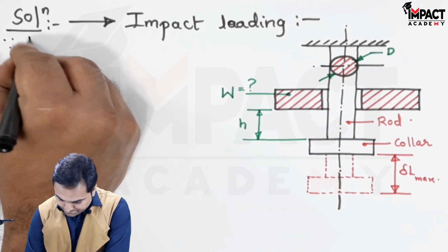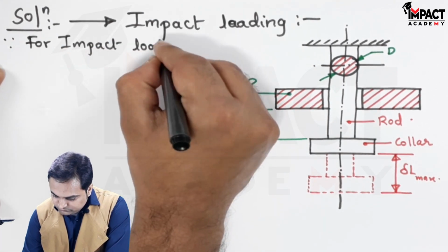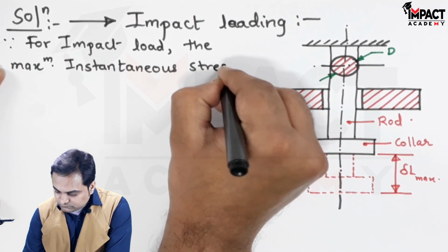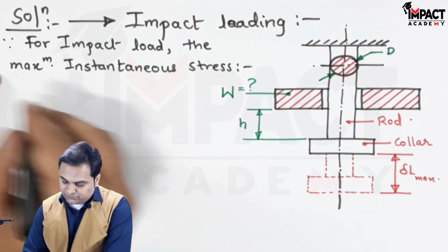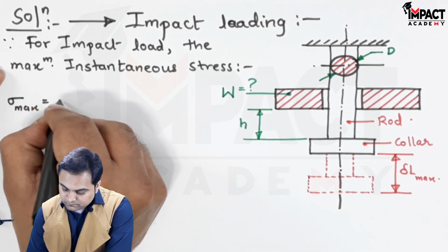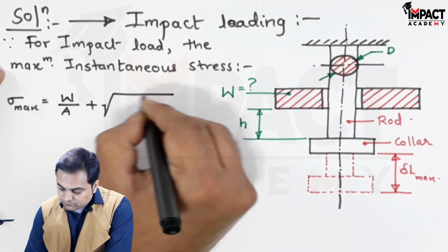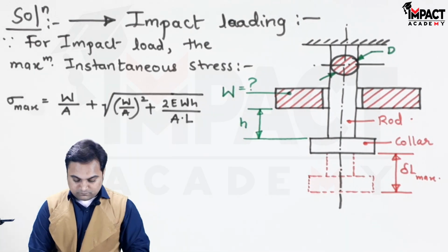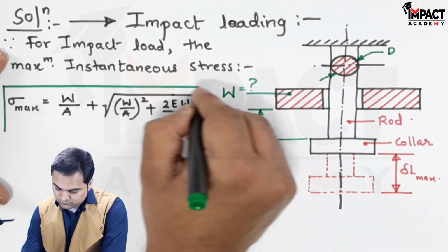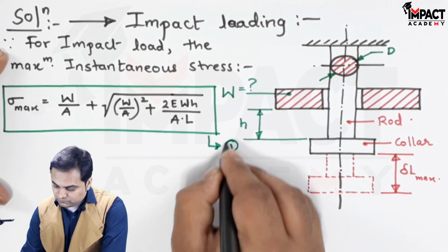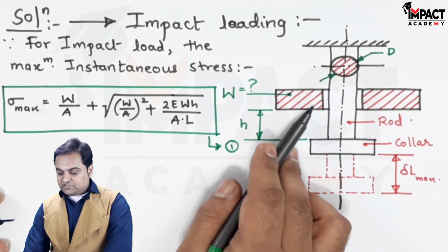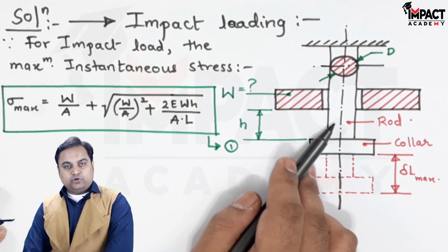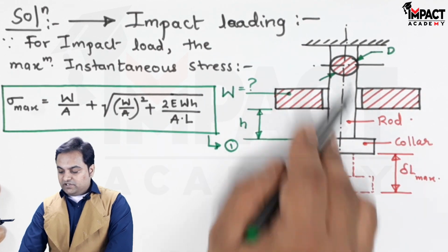So since for impact load the maximum instantaneous stress is given by this formula, where W is this unknown weight, A is the cross-sectional area of the rod or the bar, capital E is Young's modulus for the rod material, H is the height of fall, and L is the length of this rod.